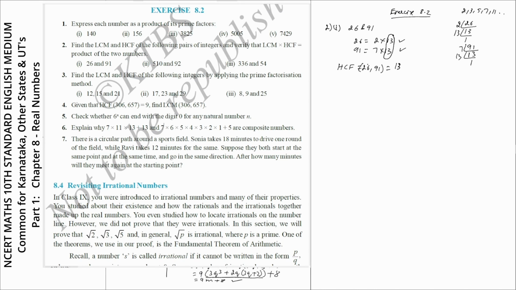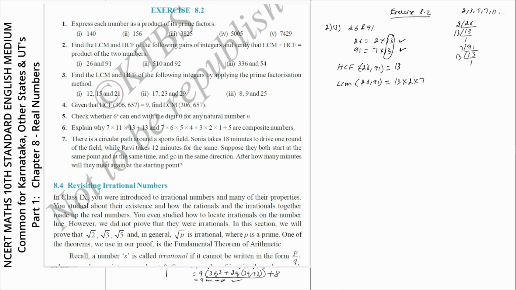Now what is the LCM of 26 and 91? Take the HCF, 13. In the factors of 26, apart from 13, 2 is left, so multiply by 2. In the factors of 91, apart from 13, 7 is left.